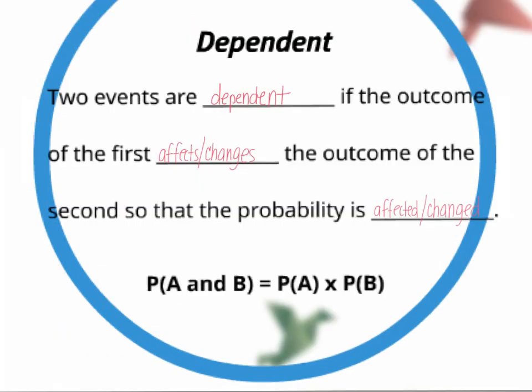It changes slightly from independent. The first outcome affects or changes the second probability. It's still the same where we have our word and, which means multiplication. But this second event is going to be changed depending upon what we did on the first event.